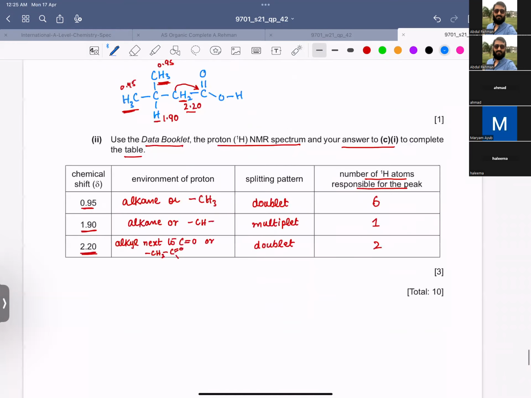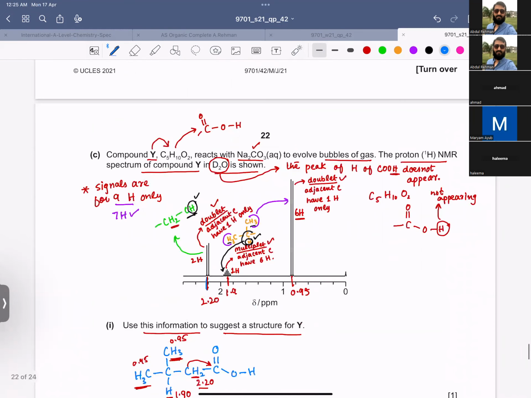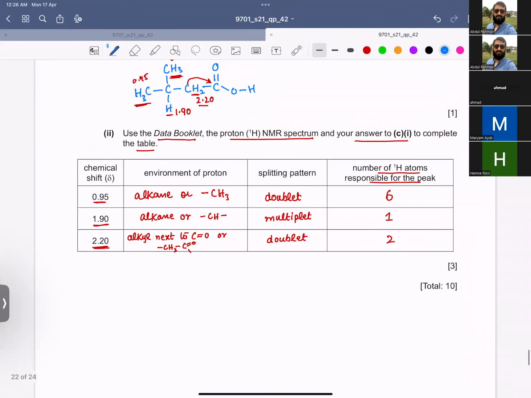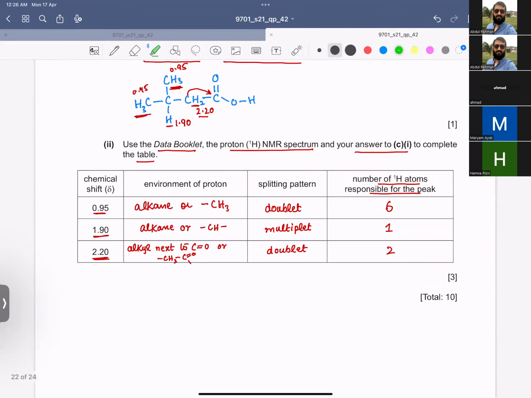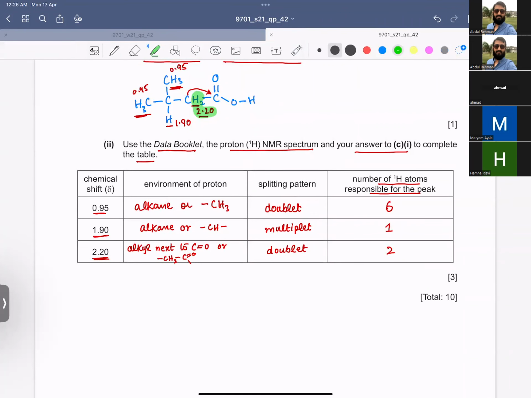If anybody has any doubt or any question, do ask. Sir, which carbon has the 2 hydrogens on it? See this one, let me highlight. It is showing a peak at 2.20.